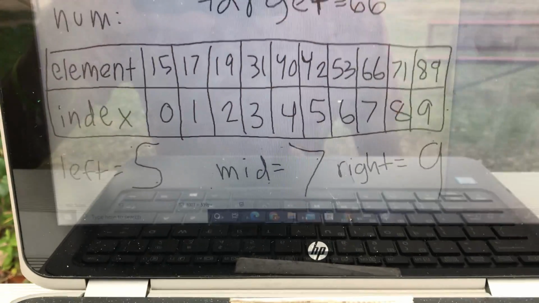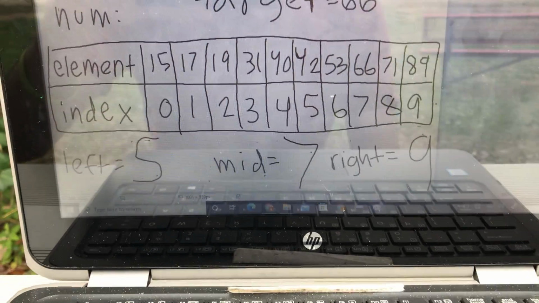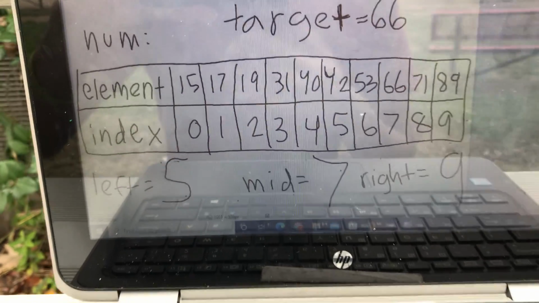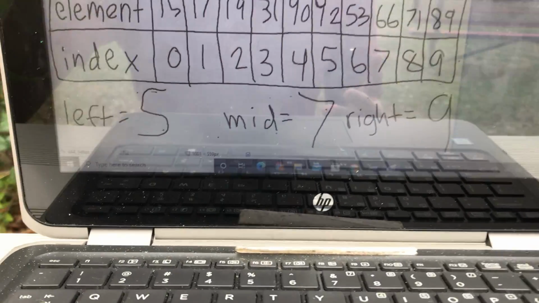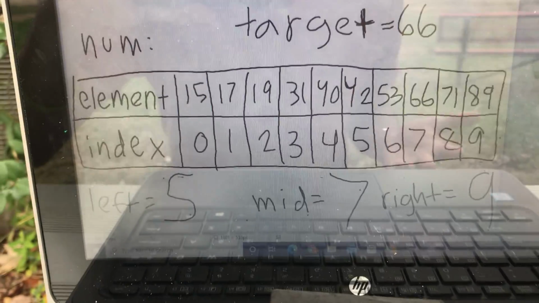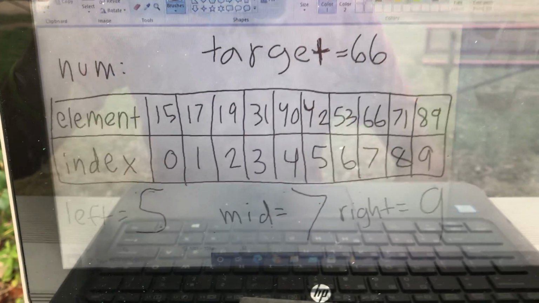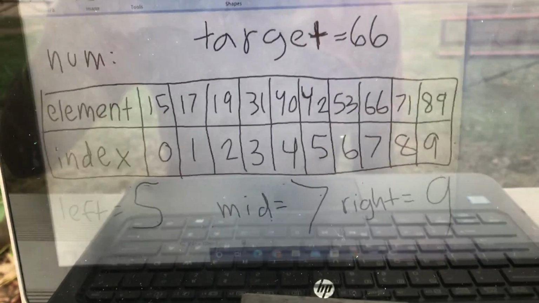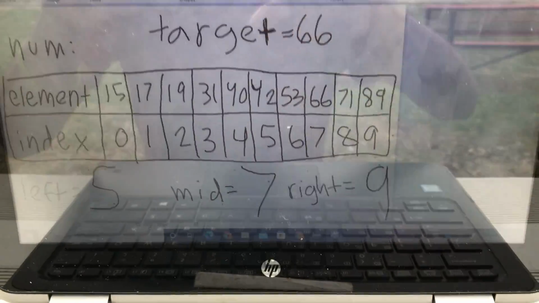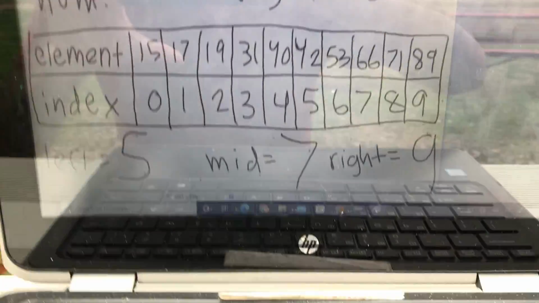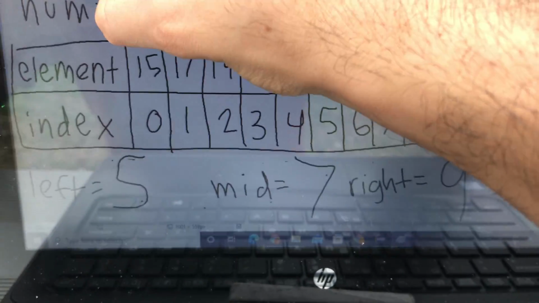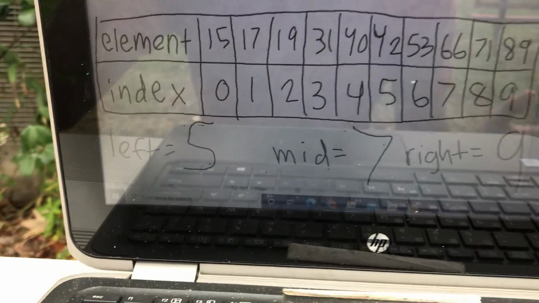It's not, because 66 is not greater than 66. Is 66 less than the element at index 7? Not either. So finally, the last possible comparison: are they equal? They are. 66 equals the element at index 7, which means our binary search would return 7, the middle. Return 7, and that is binary search.